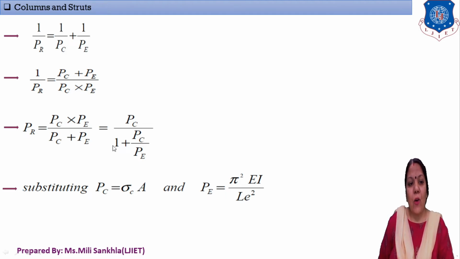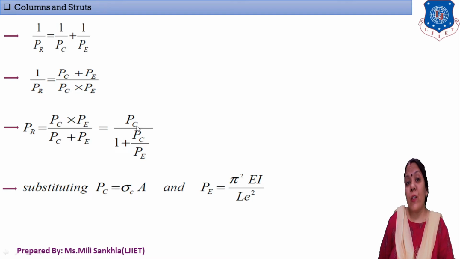Now divide the numerator and denominator by the Euler load. PC into PE, if I divide by PE, then only PC is left. In the denominator, dividing by PE gives 1 plus PC by PE.